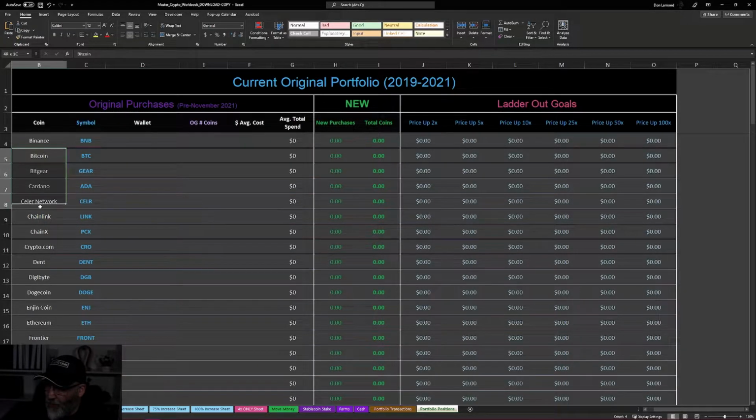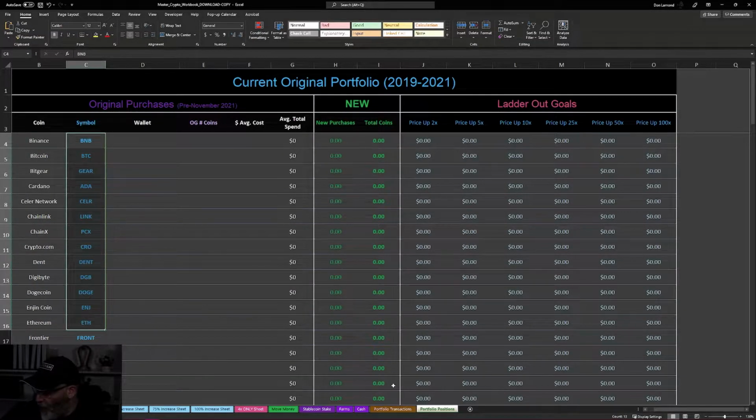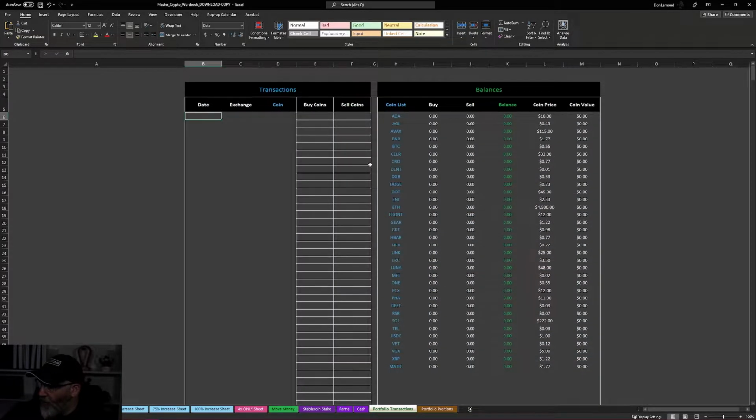So I put in a bunch of dummy data of coins just to show how this thing works. And then whatever data is listed here will be updated on this sheet by your transactions over here.